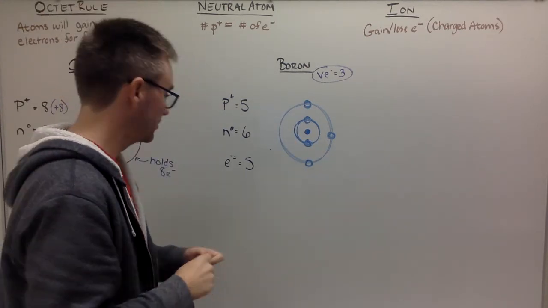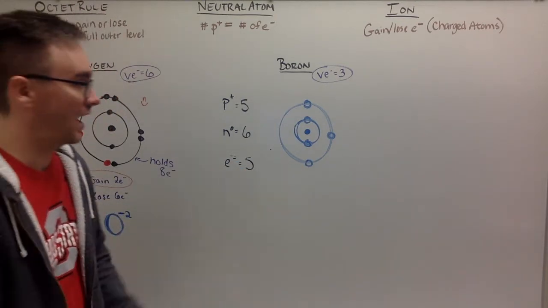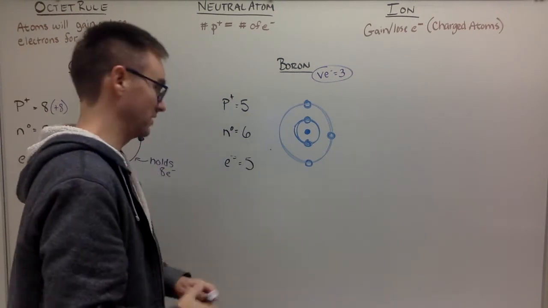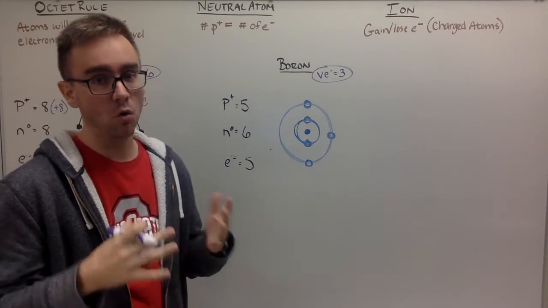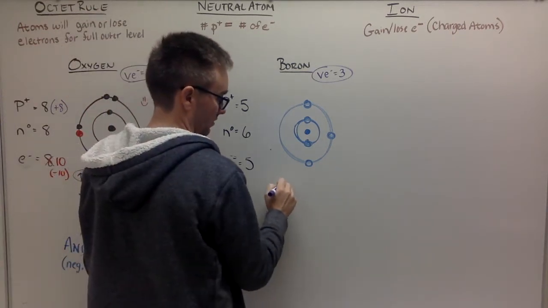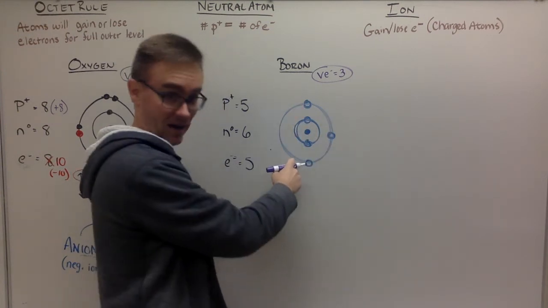It's all filled up. So now it is unhappy because that outer level is not full. So it needs to make a choice, and it's either going to gain or lose electrons. In this case, it can either go up and gain. The second energy level can hold 8.